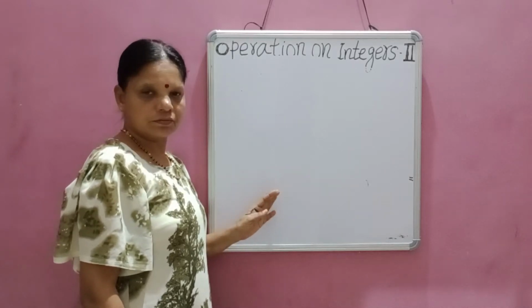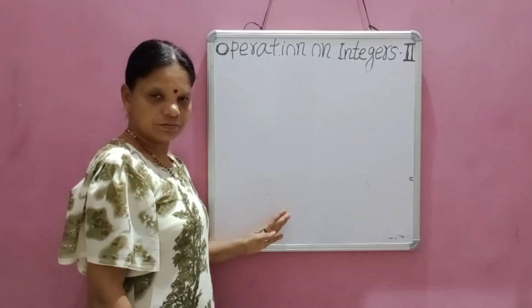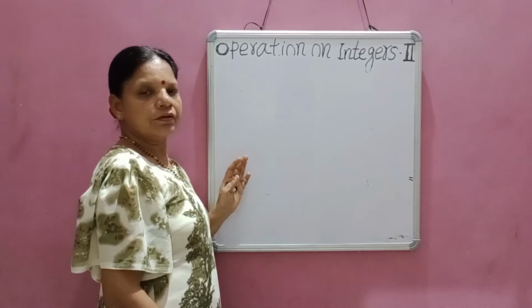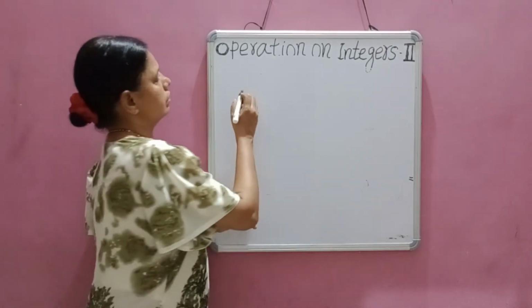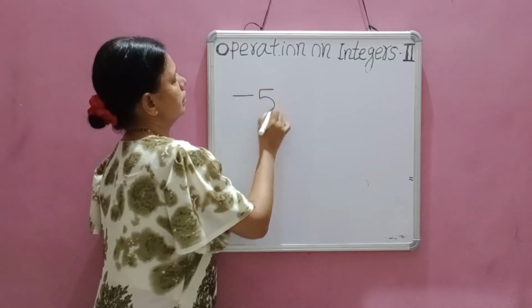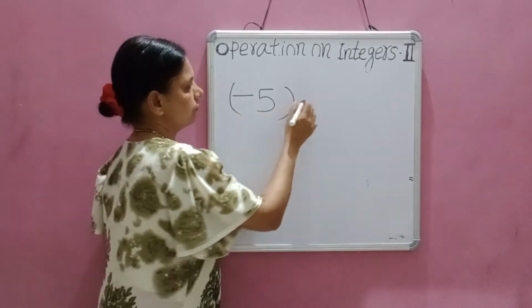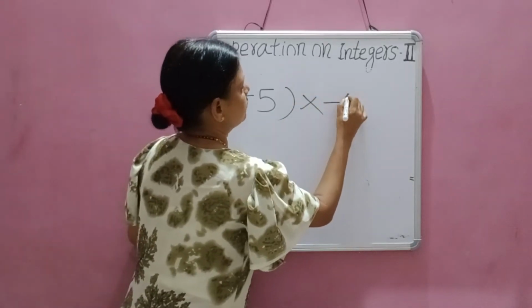Now, how to multiply any two positive integers, that you already studied. Now, when you multiply any two negative integers, what will happen? Minus 5, in bracket, into minus 3.